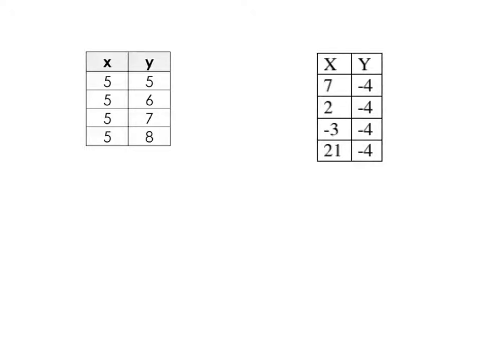Now, the special cases from a table. Look at your table before you start and see if there's anything weird, anything notable about the table. I look at this table and I notice my x values are all 5. 5, 5, 5, 6, 5, 7, 5, 8. If we were to graph this, and you don't have to graph it, we'd go over 5, up 5, over 5, up 6, over 5, up 7, over 5, up 8.